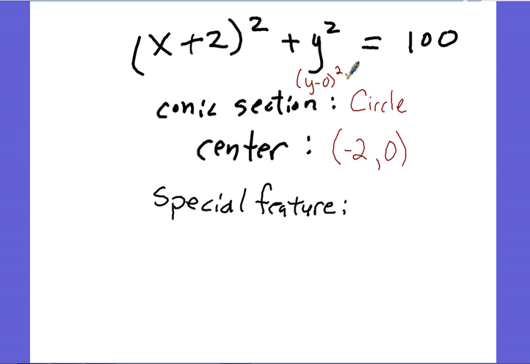And can you tell me something special about this circle? Good. The radius is 10. Where did I get that from? Because 10 squared is 100. Now, do all circles have perfect squares as radius?